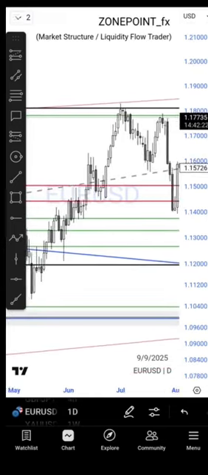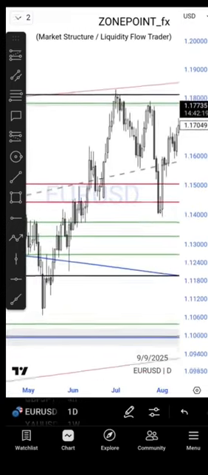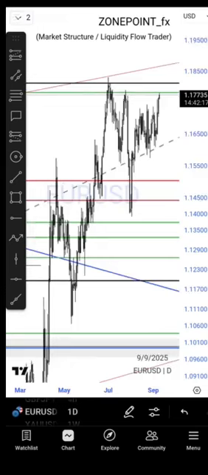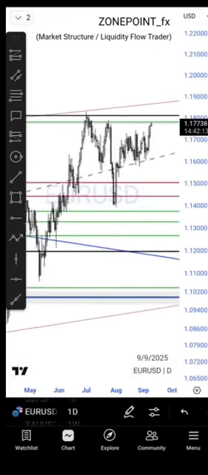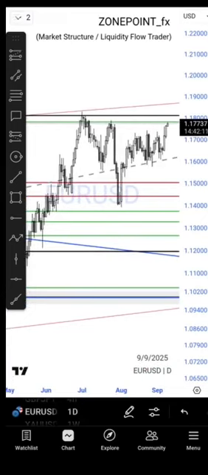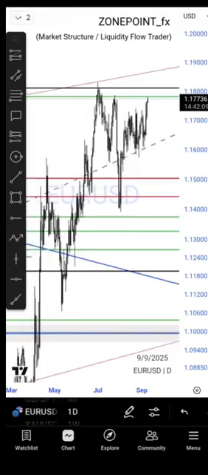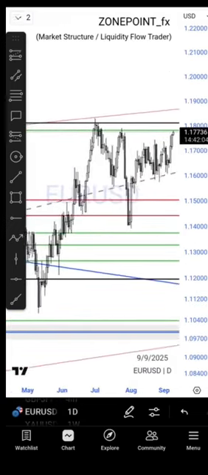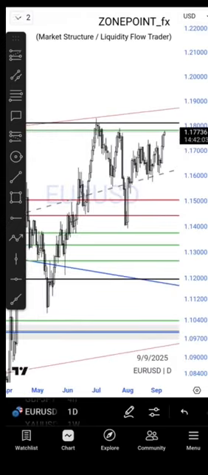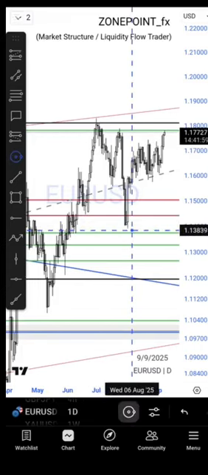So what do we see? Can we spot an imbalance? No, we can't spot an imbalance. So since we can't spot an imbalance here, price will be using this level here as a liquidity.